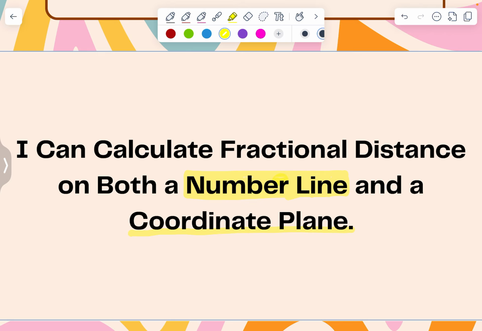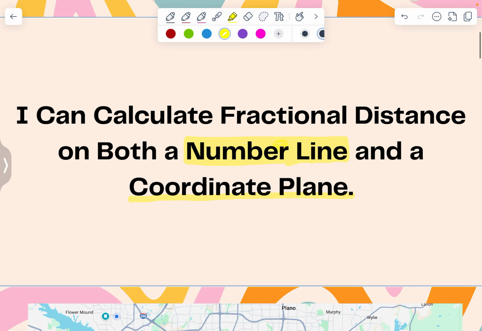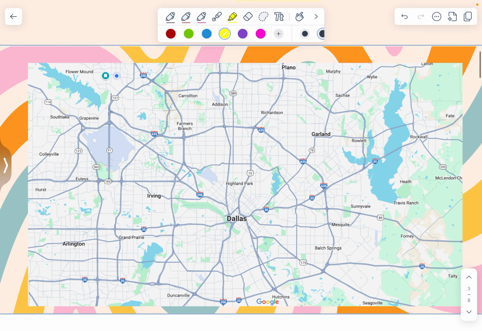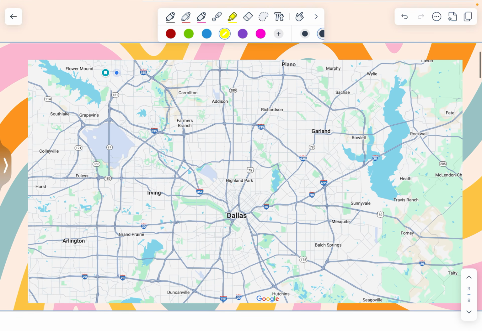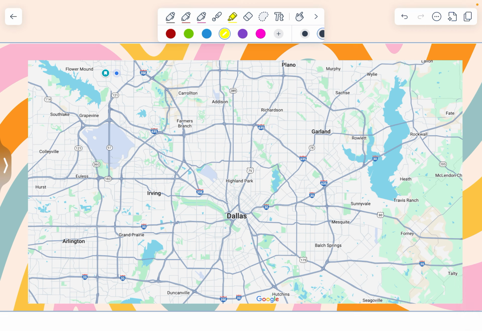So I'm going to start off today's lesson with just a little story, all right? Here we have a map of the Dallas Metroplex. My really good friend from high school used to live in Rowlett, and I live here in Louisville. She had a baby, and I wanted to meet her baby.